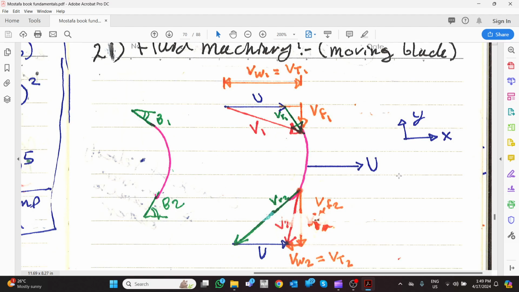By logic, the relative velocity means this velocity minus this velocity. The x component of this velocity minus this velocity will be the x component of the relative velocity to the plate. Simple.